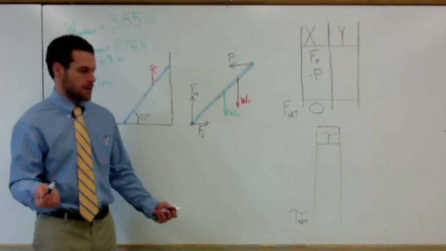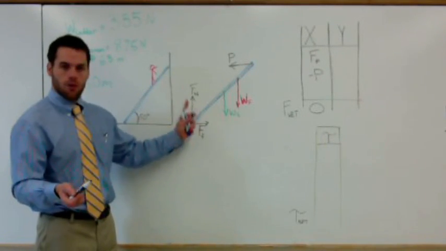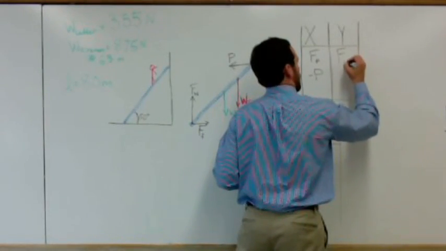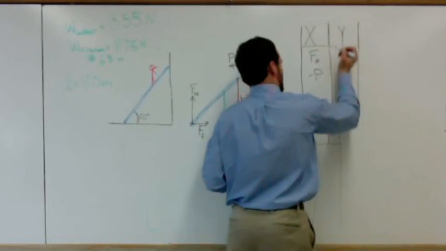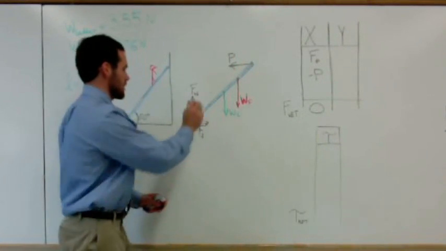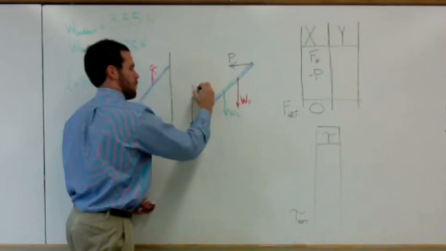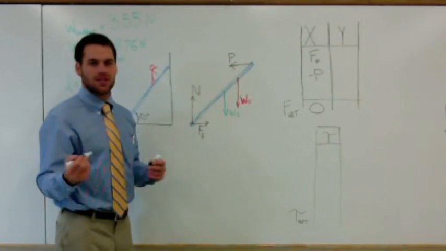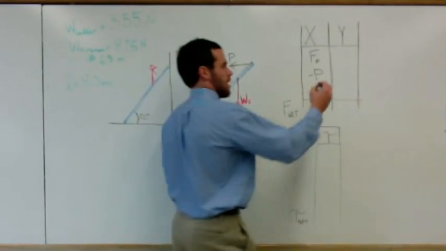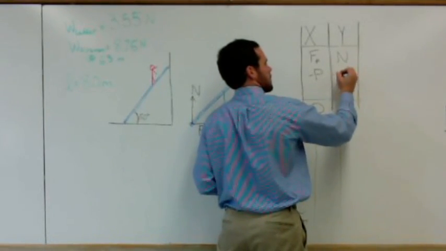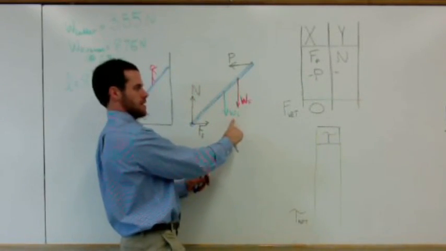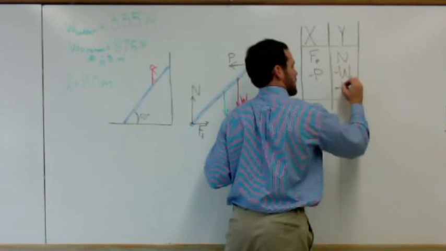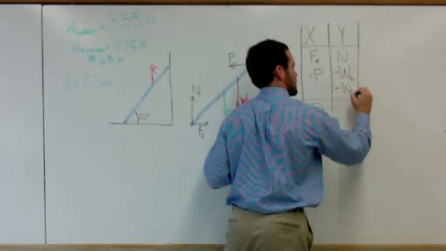Next, let's look at the y direction forces. I have the normal force from the ground acting up. Because I have F net here, I'm just going to change this to be N, just plain N, for the normal force. So I have a positive normal force minus the weight of the ladder minus the weight of the fireman.